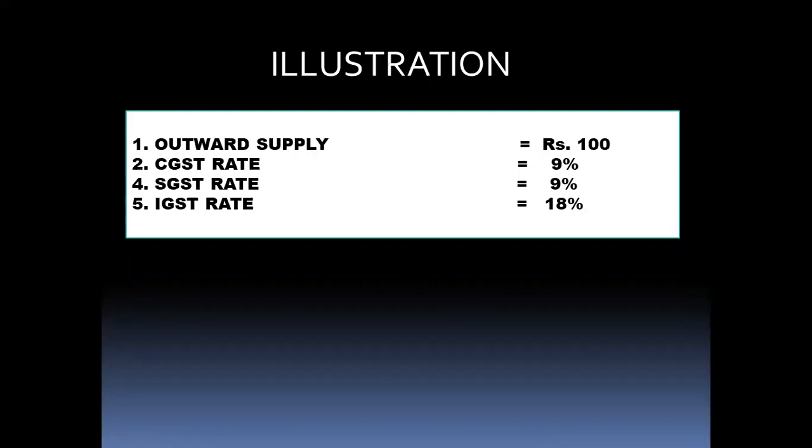Now let's consider accounting treatment of outward supply. Let's consider one hypothetical example. Let's say outward supply is of rupees 100. CGST and SGST rates are 9% each, and IGST rate is 18%.